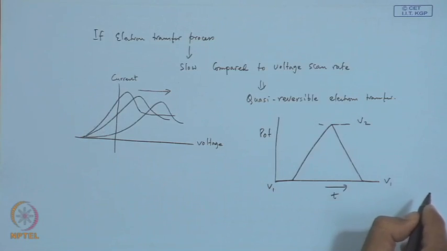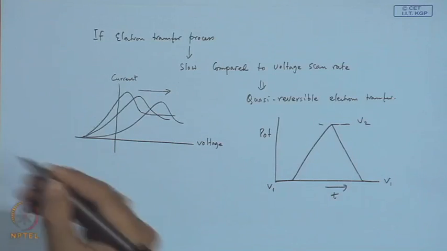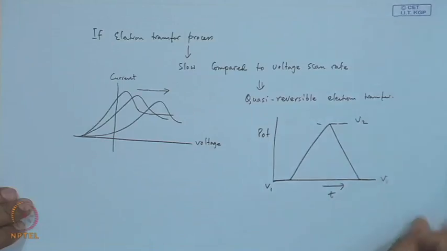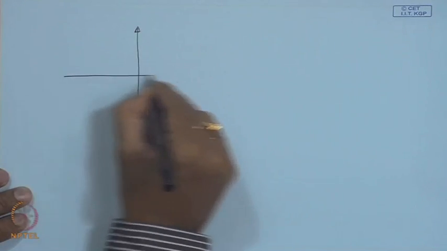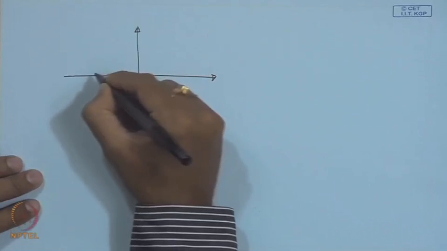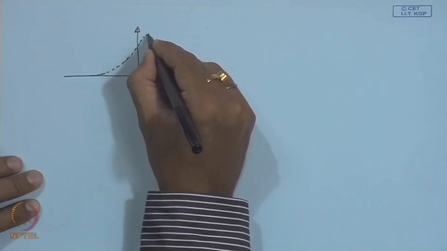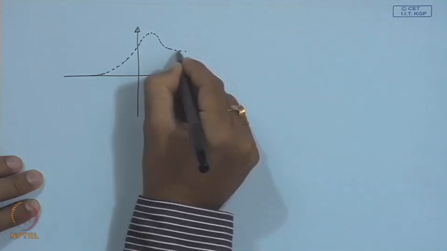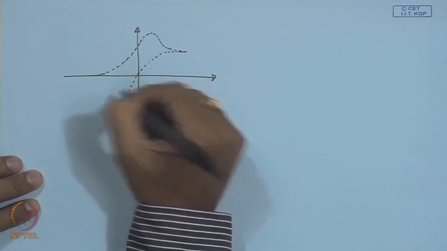So, in that case what do you expect? You expect a reversal of things, I mean a reverse curve. So, what is the typical graph for this? A typical graph could be like this, your current potential diagram, something like this.